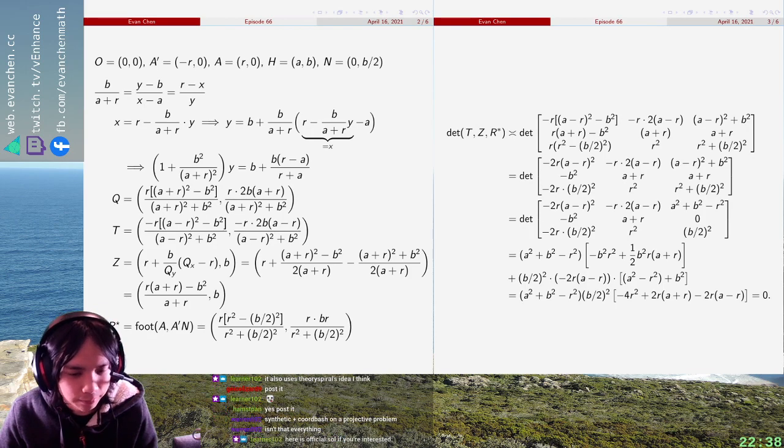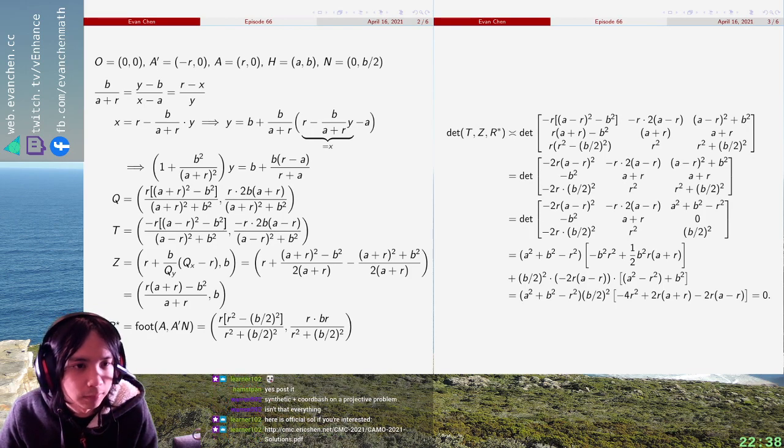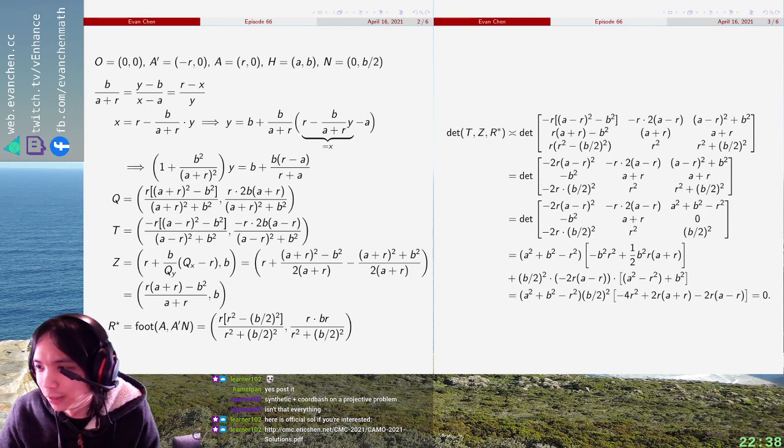Alright, I don't know. Okay, so I need to retrace my steps because we did like a million things in this problem.